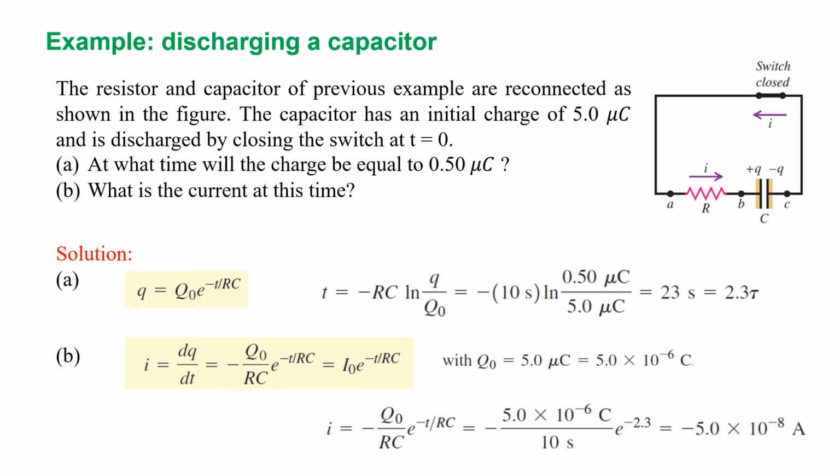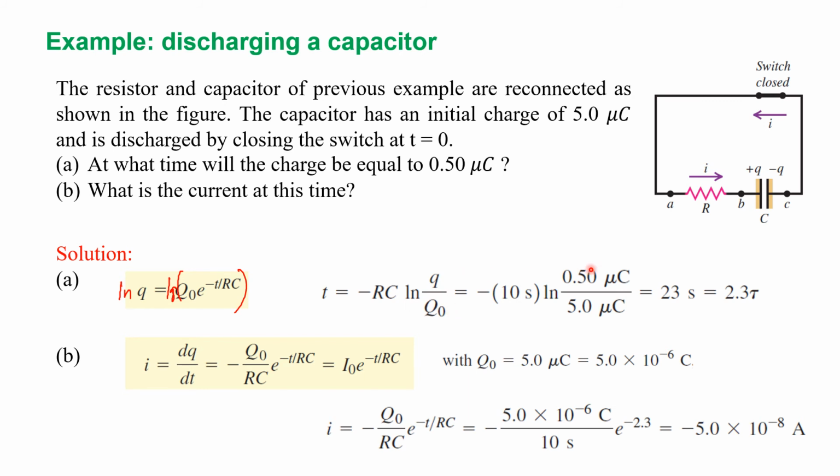You have ln Q here and then ln of this one. Okay, ln of e is equal to 1, so you can take out the e and now solve for time. So you have your t equal to negative RC ln of Q over Q naught.